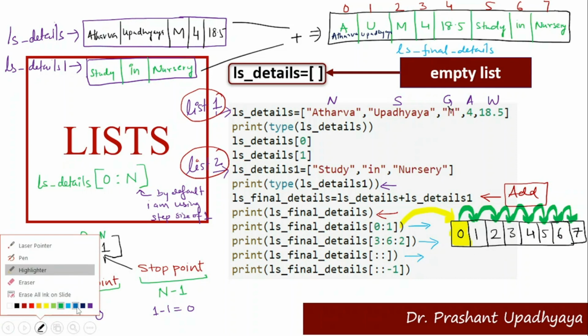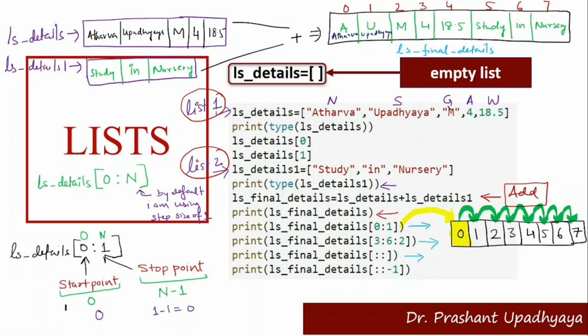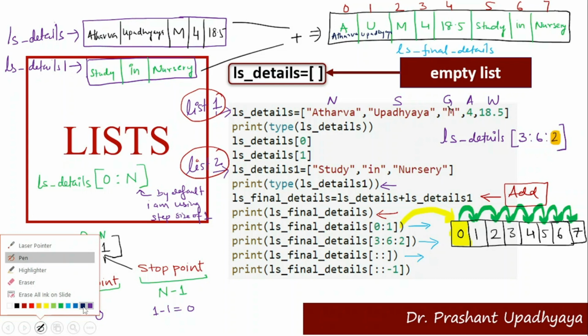However, if we take a special case, for example ls_details equal to [3:6:2], this 2 which I have written here tells you to take a step size of 2.